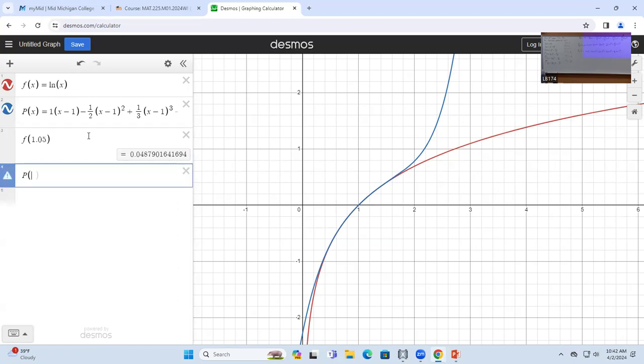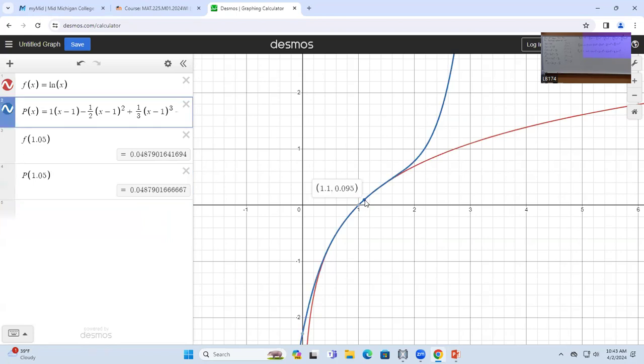If I said, what's my polynomial at 1.05? I plug in 1.05 into my polynomial. Notice that up till 1, 2, 3, 4, 5, 6, 7, 8, basically 8 decimal places, they're the exact same thing. So this mimics the function really well close to 1. It looks like the same thing up to 8 decimal places.